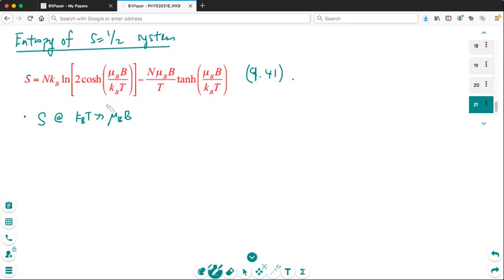You see this mu B divided by kBT. You can calculate S divided by nkB. Once you divide by n times kB, you basically have the same form here. So this is the ratio of energy scales, and you discuss the limiting cases for these terms. This is one way, and this is the proper way to do it, actually.